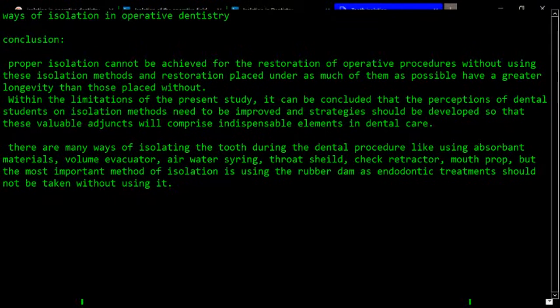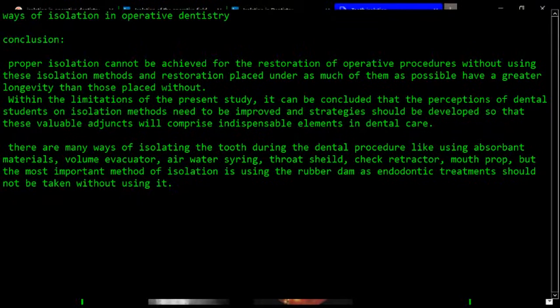Reduction of delays, as the patient does not have to rinse their mouth every 5 minutes. It protects the dentist and dental assistants against infection, which can be transmitted by the patient's saliva.